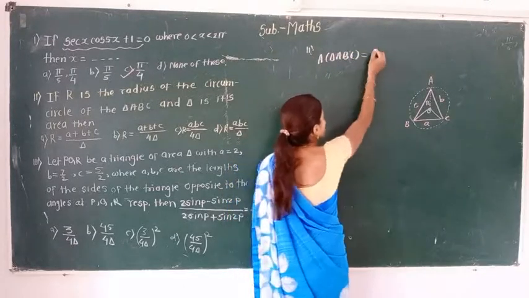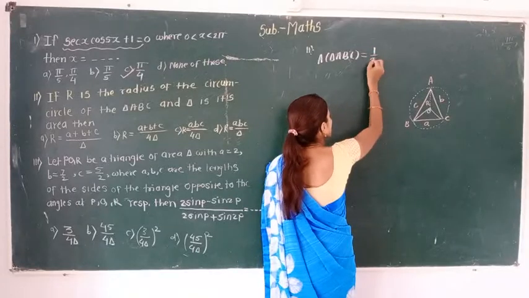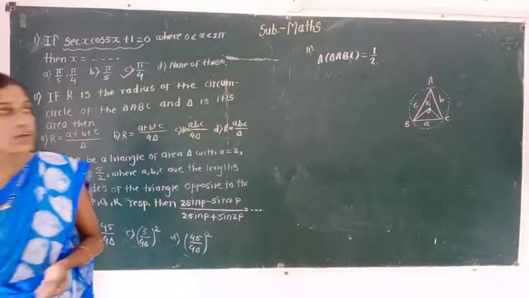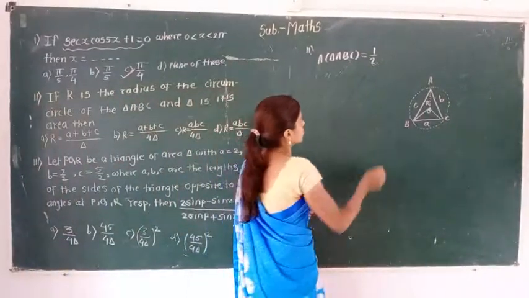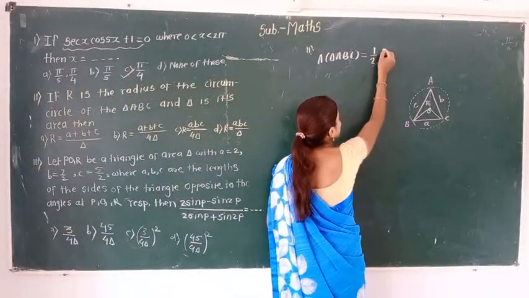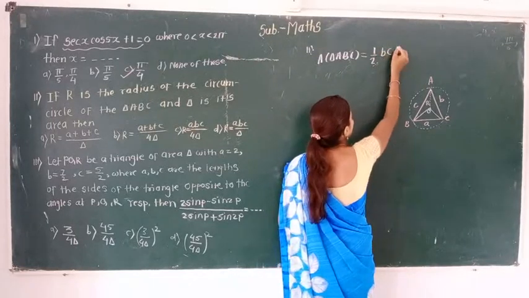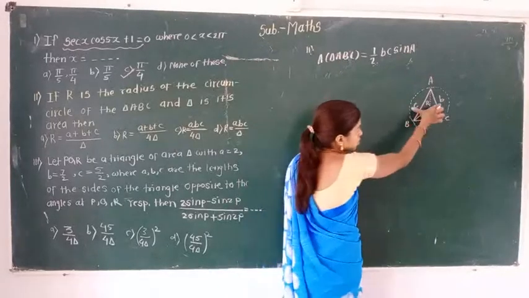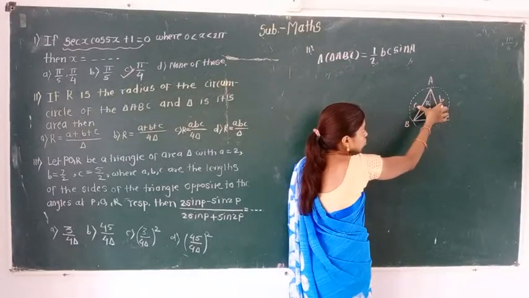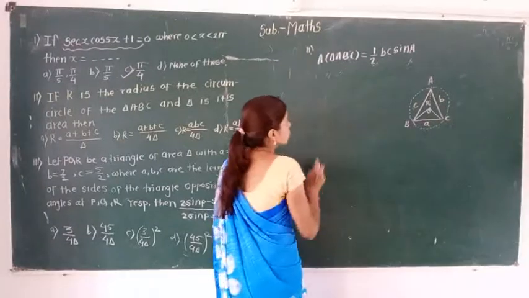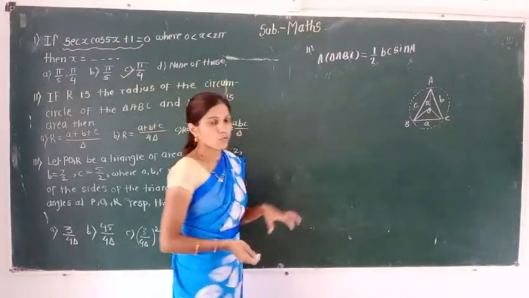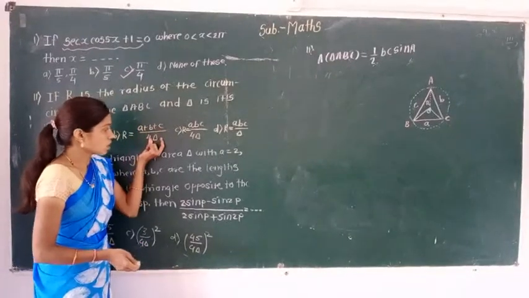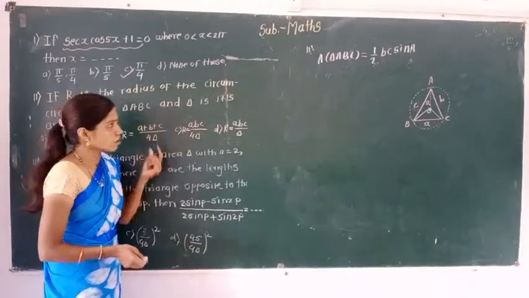We know the formula for the area of a triangle: suppose two sides and the included angle of the two sides are given, we can write the area of triangle ABC as half BC sin A. So see here, these two sides are given and the included angle is A. So in that case we have to find the circumradius in terms of the sides or the area of the triangle. Here delta is the area of the triangle.